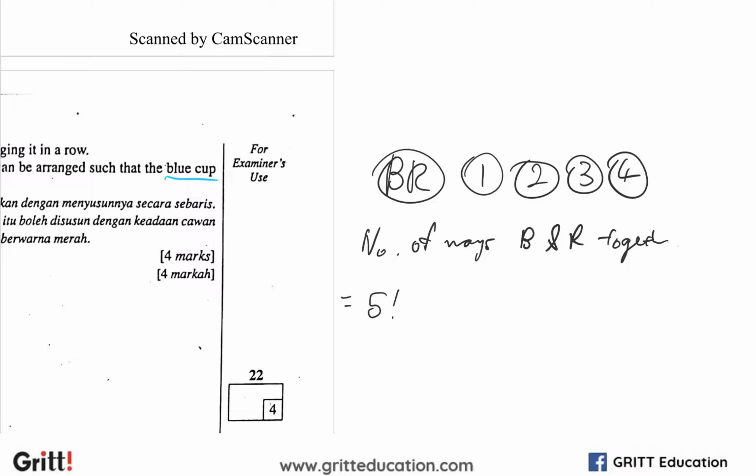But you mustn't forget that the blue and red can interchange, meaning instead of blue-red in this order, it can also be red-blue. So within the blue and the red cups, they can permute among each other via 2 factorial. Once you calculate, you'll realize that there are 240 ways such that the blue and the red cup are next to each other.